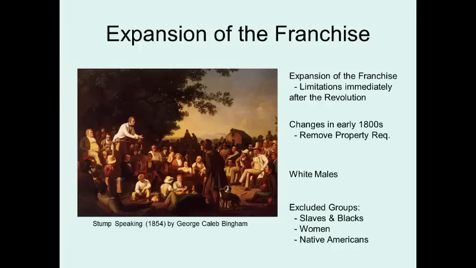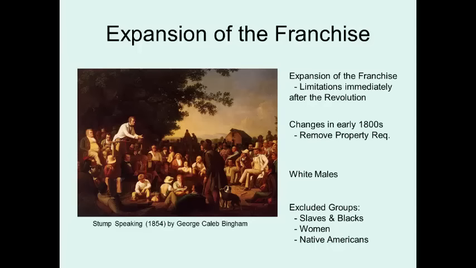And so white males have increasing freedom and prosperity during this time period. Their standard of living is steadily rising. They have less voting restrictions. There is less deference expected of them. And they have a greater chance for social mobility.